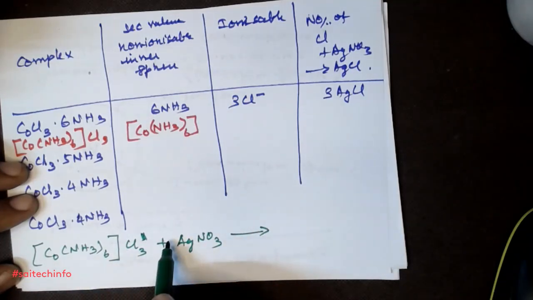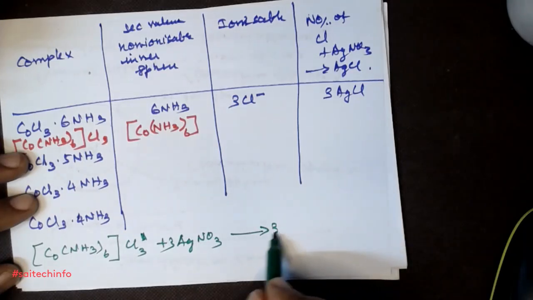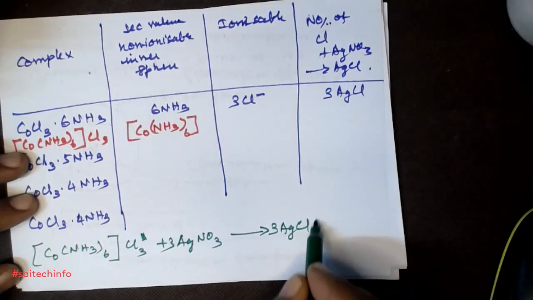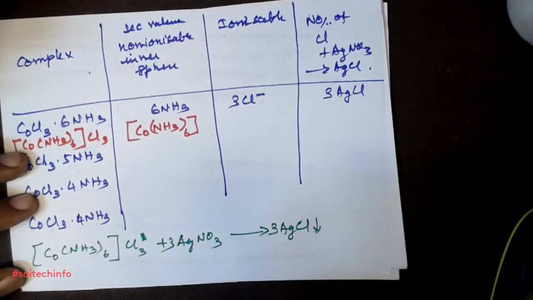Now it will involve 3 moles of silver, so that you are able to get 3 AgCl as precipitate. This clearly indicates that these 3 chlorine atoms are outside the coordination sphere, and that is why they are ionizable and form 3 moles of silver chloride. Do you understand this?